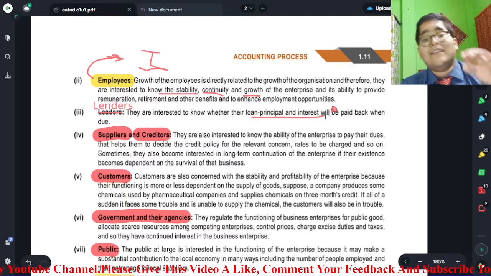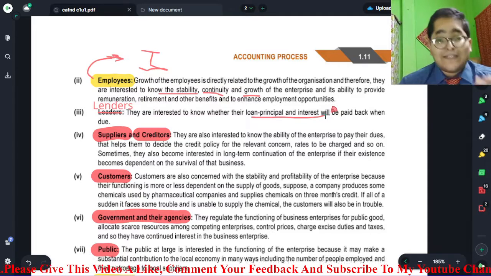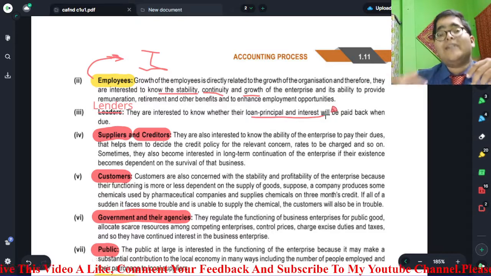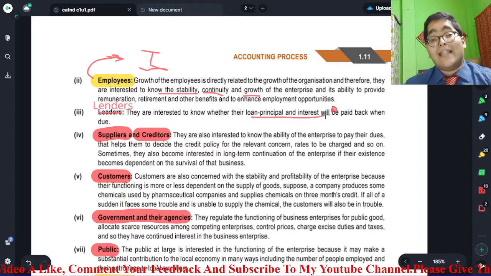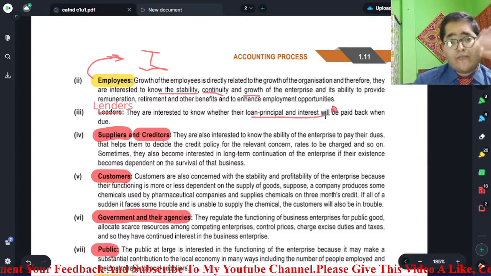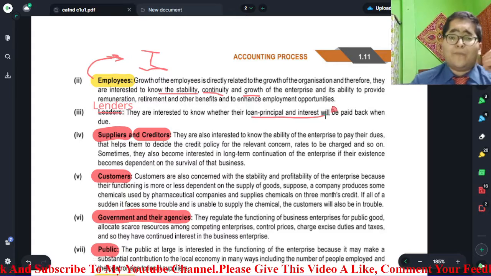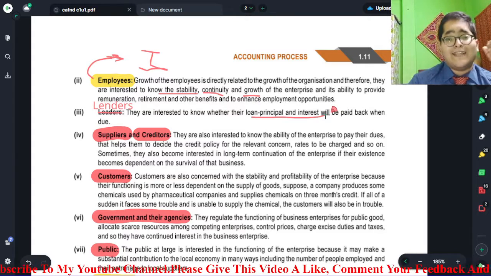A lender lends money to a business or anyone to get his principal money back, accompanied by interest. If the lender is not seeing any chance of receiving his money back or getting the interest, will the lender give the business any money?